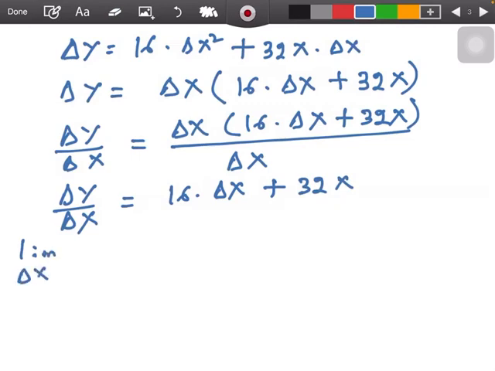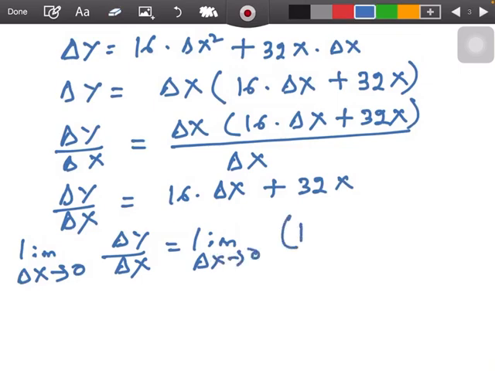Take limit delta x tends to 0 on both sides.